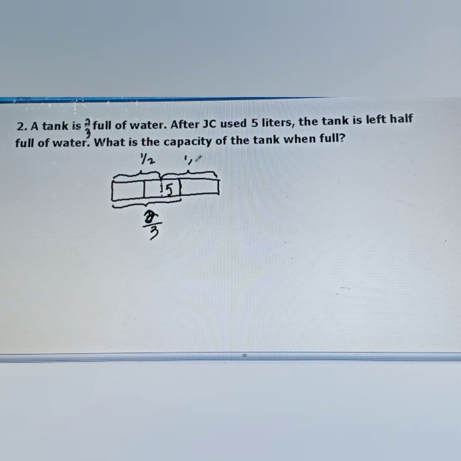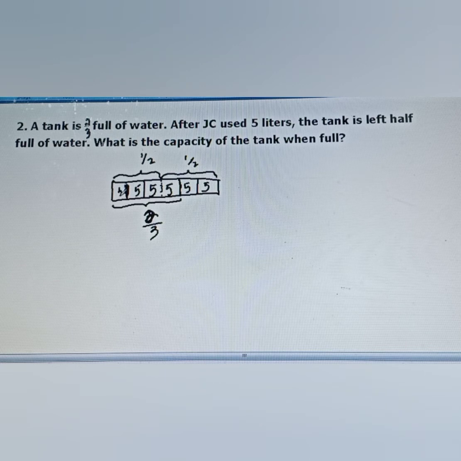So, if this is 5, this is also 5. Since we divided this into 2 equal blocks, let's also divide this into 2. Assuming these two are equal, each small block represents 5.